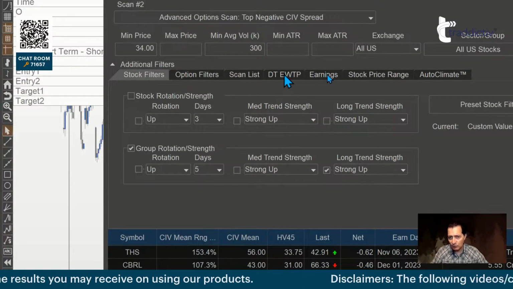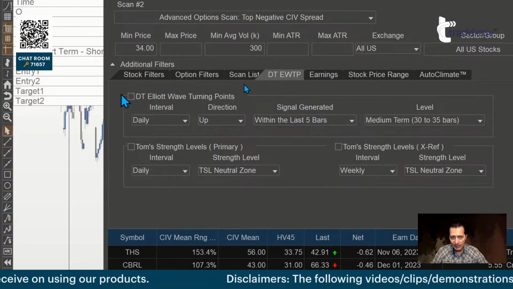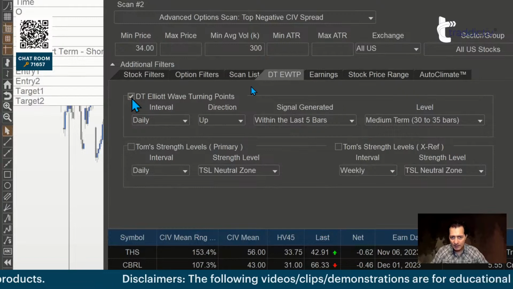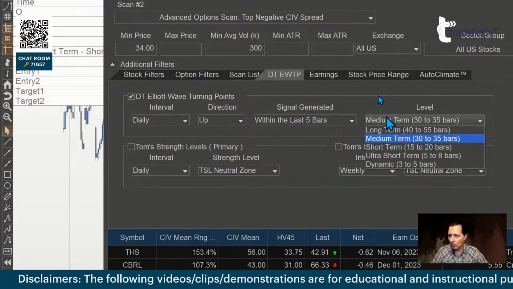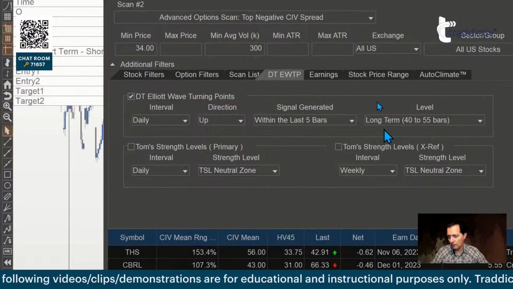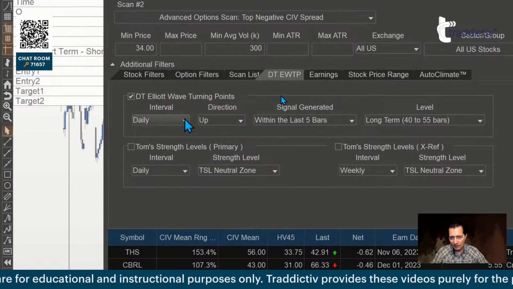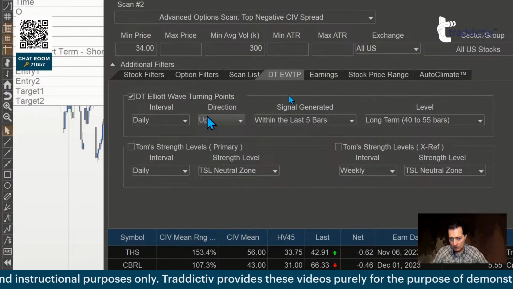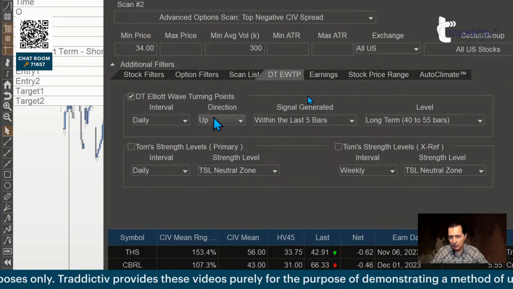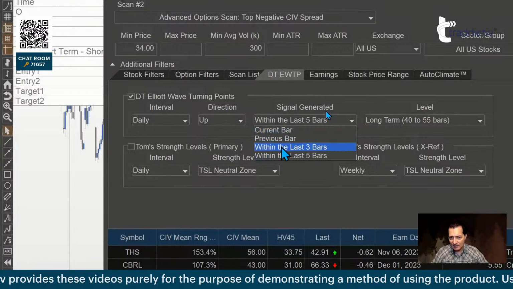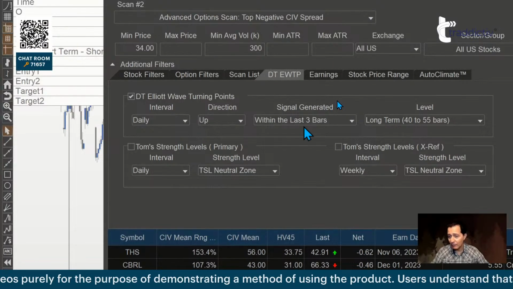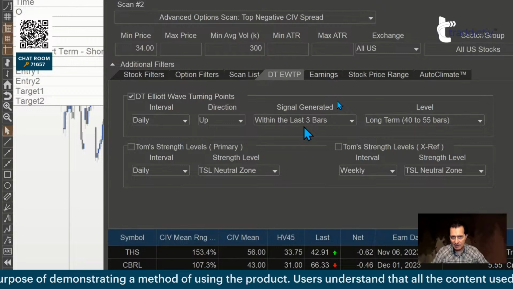Another aspect you may be looking at when bullish or bearish is maybe Elliott wave turning points. Maybe you are a longer term trader, so you are focusing on long term Elliott waves only. And as long as you have an up indication of Elliott wave, let's say in the last 3 bars, this is part of your trading plan, and you will be like, yes, I'm going to go for it.